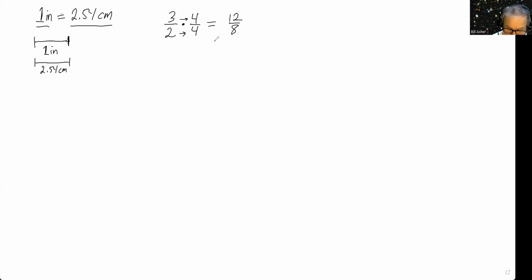The idea being that 4/4 equals 1, so that's an identity operator. I can always multiply anything by 1 and get the same thing. Unit conversions work the same way, where we multiply things by 1.